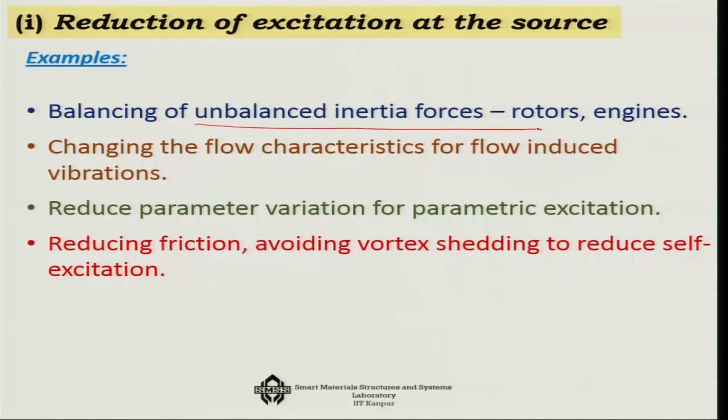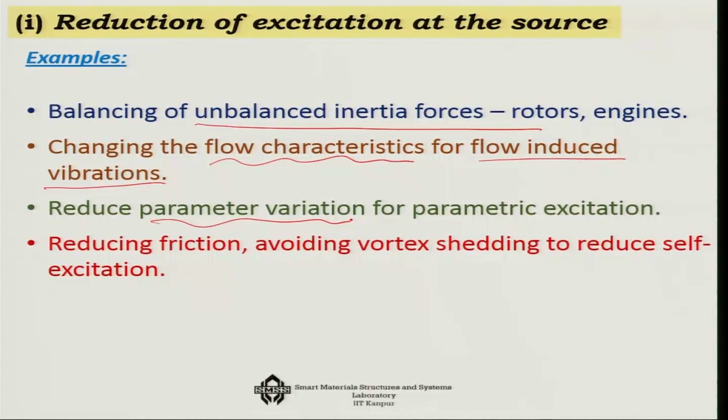Then you do not have to do anything more in terms of vibration control. There can be cases where vibration happens because of flow, which we call flow induced vibration. I will give you some examples of it. In that case also, if you can change the flow characteristics, then you can remove the vibration at the source itself. There are cases of parametric excitation, where you can remove the parametric variation, so that the parametric excitation does not take place.